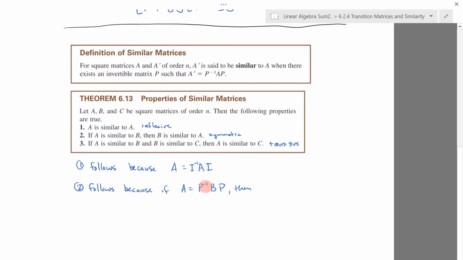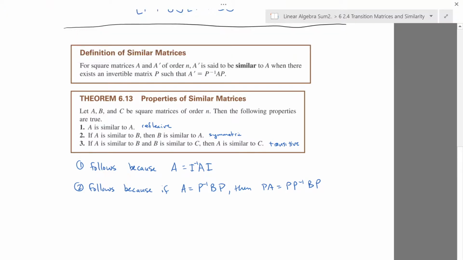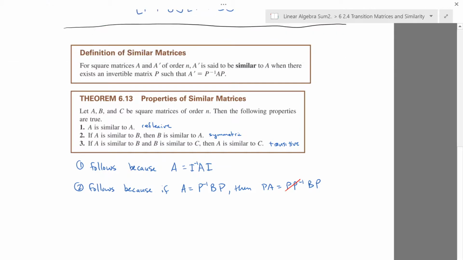So by multiplying on the left by P, you get PA is equal to P times P inverse BP. If you remember, when we do matrix multiplication, whether you multiply on the right or on the left, you have to make it consistent. So here P is multiplied on the left, and then P times P inverse is the identity matrix, so that cancels out.